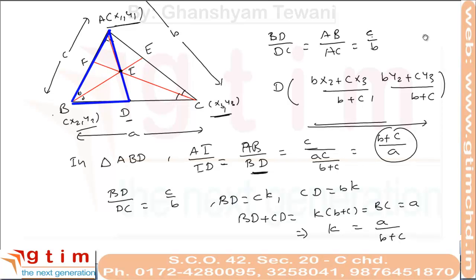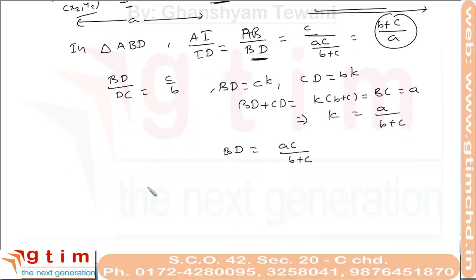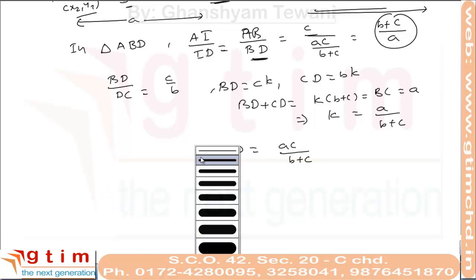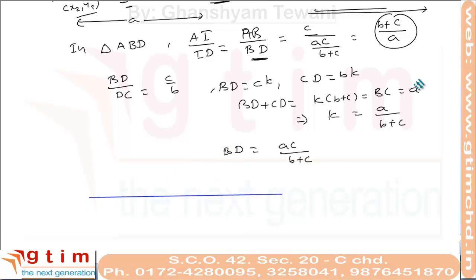Now we have vertex A, coordinates of D, and ratio AI upon ID. So we can get I using what? Section formula. So let's draw one different diagram for A, I and D. This is A, which is x1 comma y1.